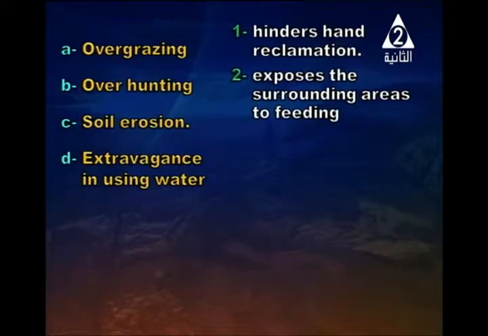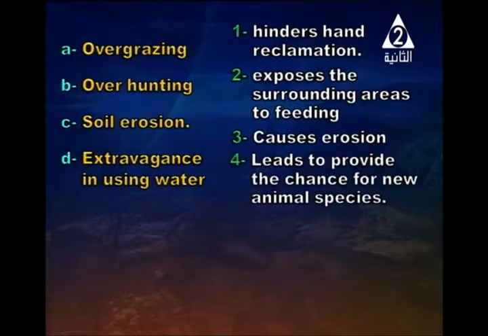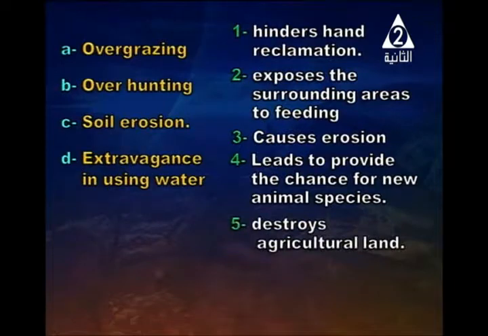Also we have exposes the surrounding areas to flooding, causes erosion, and finally we have leads to provide the chance for new animal species. Also we have destroys agricultural land. As you see, my dear students, in the left column we have 4 factors affecting the environment, like overgrazing, overhunting, soil erosion, extravagance in using water. And in the right column we have some effects of these factors.